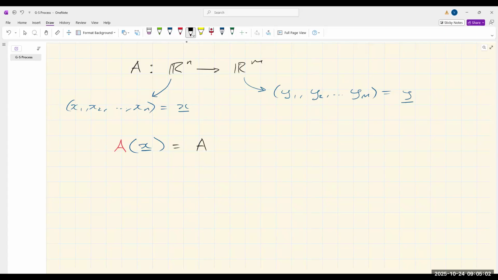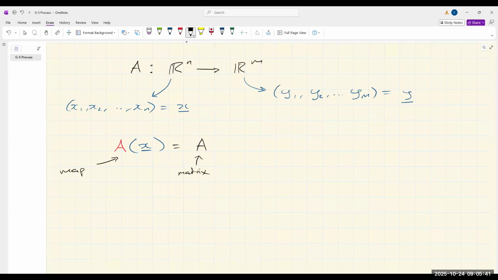This here is a map or a function. And I know the confusing part: I'm using the same letter for the map as for the matrix. This is often done in maths and it confuses a lot of people. I don't know why they insist on it, but they do it to show the link between the map and the matrix, because they want to say that the map is the matrix, though it's not really the matrix. Anyway, the map and the matrix are both given the letter A.